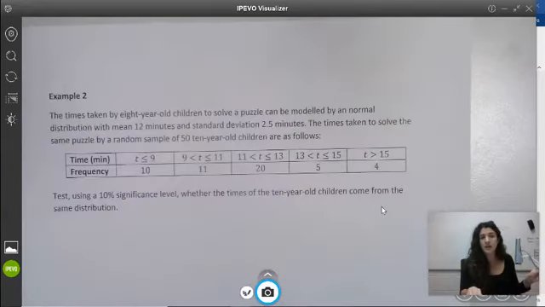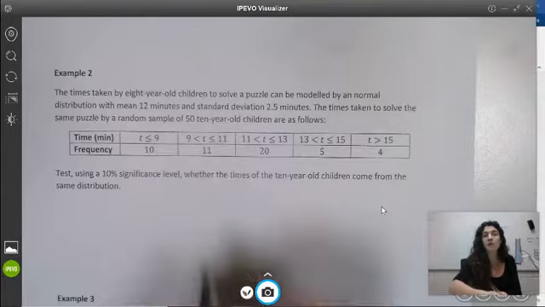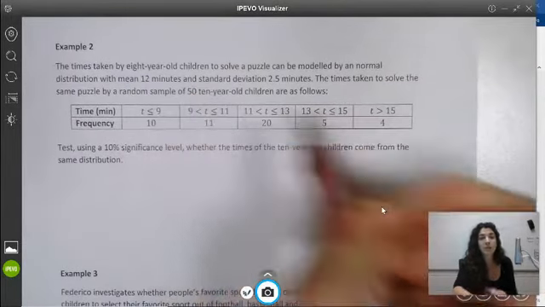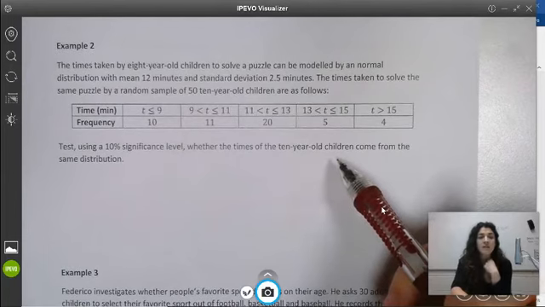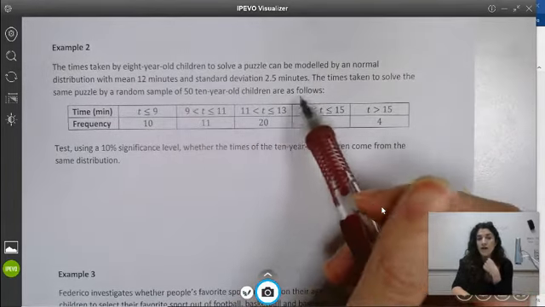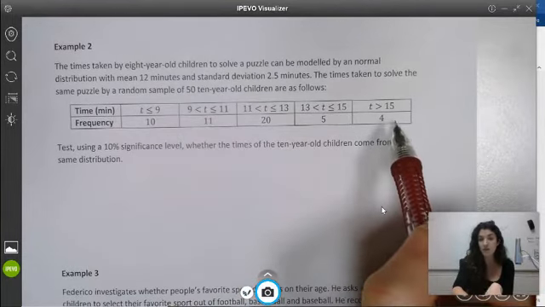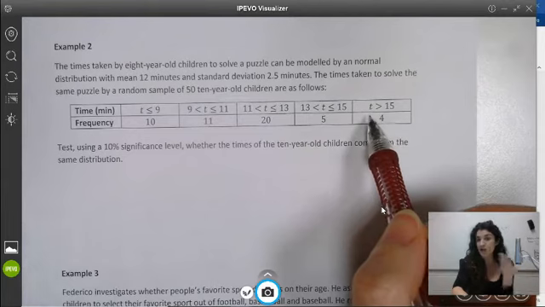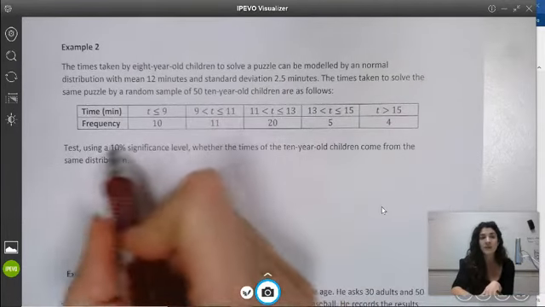Okay, example number 2. The time taken by 8-year-old children to solve a puzzle can be modeled by a normal distribution with a mean of 12 and a standard deviation of 2.5. The times taken to solve the same puzzle by a random sample of 50 10-year-old children are as follows. So this is a sample of children who are trying out the puzzle and how much time they took to solve the puzzle.